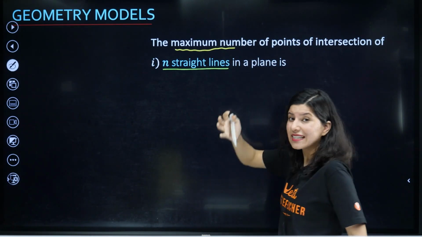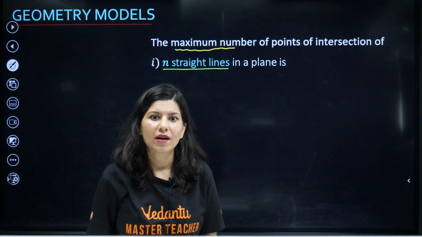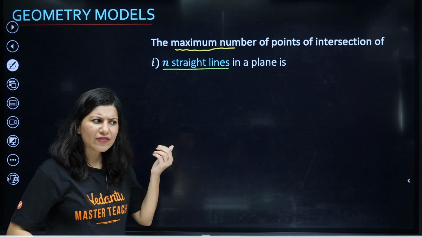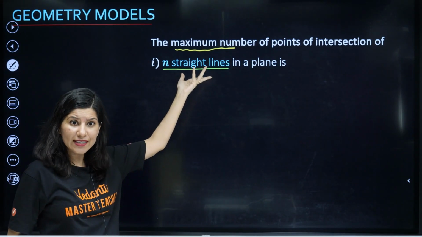That means it's in our control how we want those lines to be. We will never want all those lines to be parallel, because we want points of intersection.